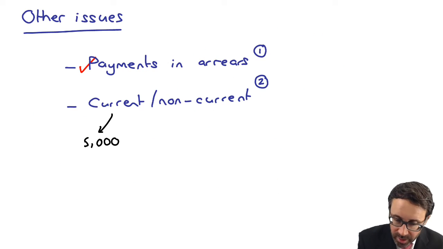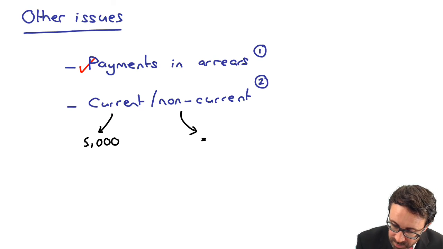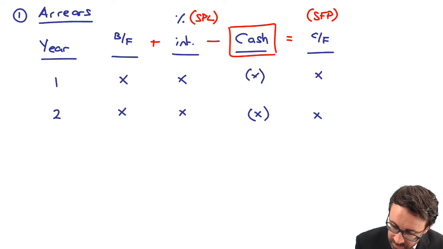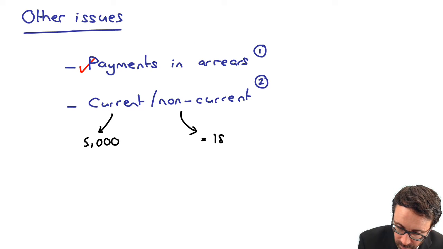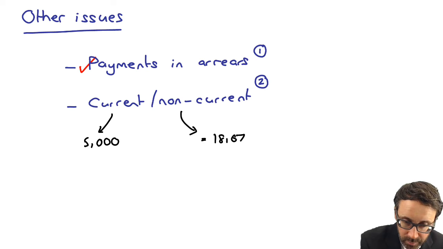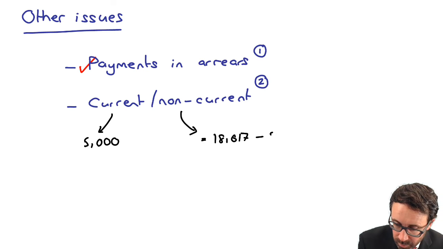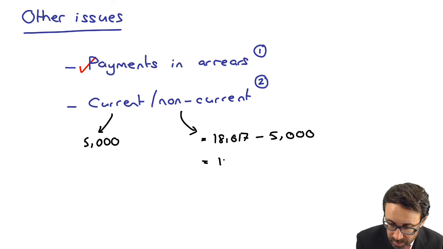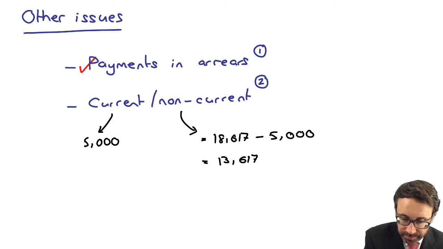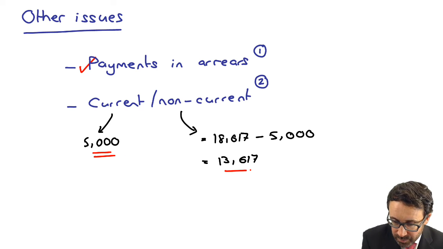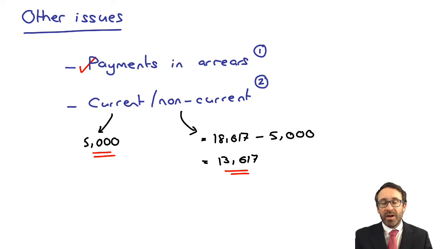What that leaves us with is that the non-current amount is 18,617 less the 5,000, which gives me 13,617. So the current amount is 5,000. The non-current amount is 13,617. Okay.